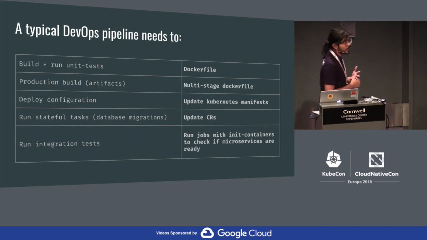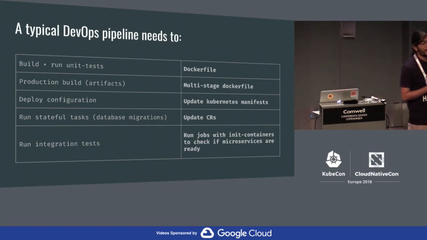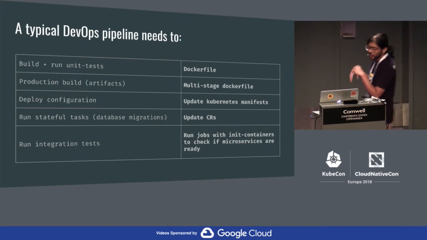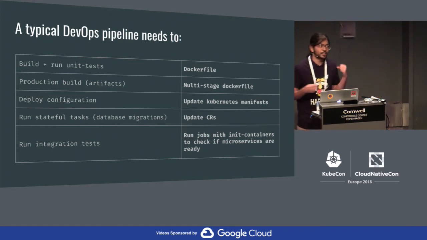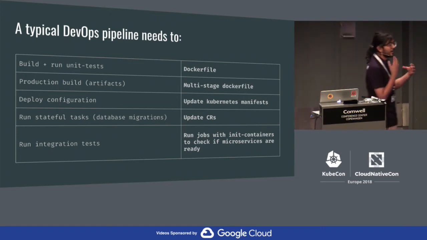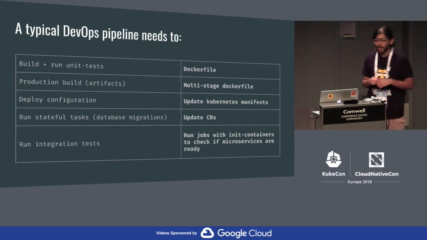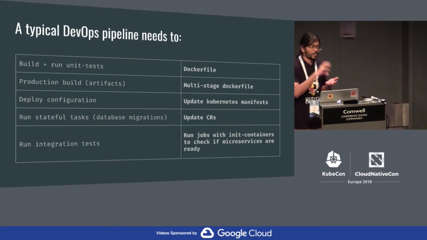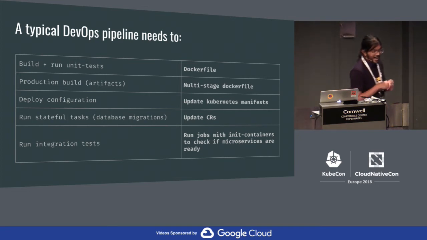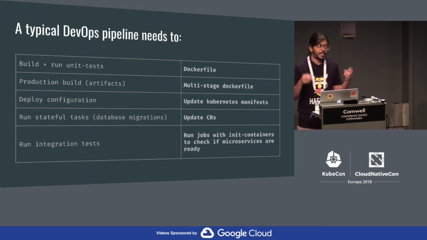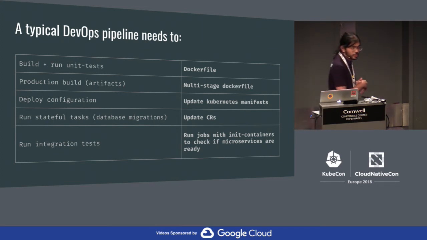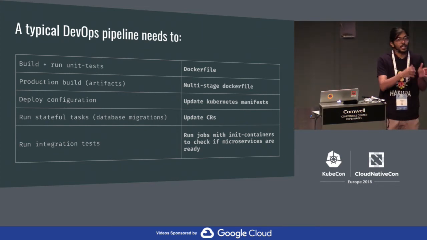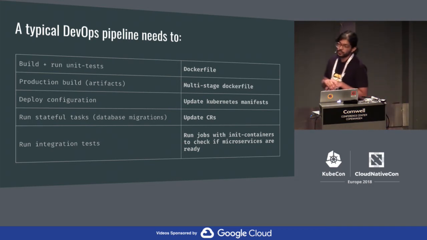If you're doing stateful tasks, what is going to happen is that every single stateful microservice or agent that you're going to deploy in Kubernetes is going to start coming with its own operator. And that's already a trend that we're seeing. We're going to have lots of little operators for each kind of database or something that is stateful. And then this operator will have a custom resource definition. If you update an instance of that custom resource, that particular operator will take care of applying the stateful task for you, right?